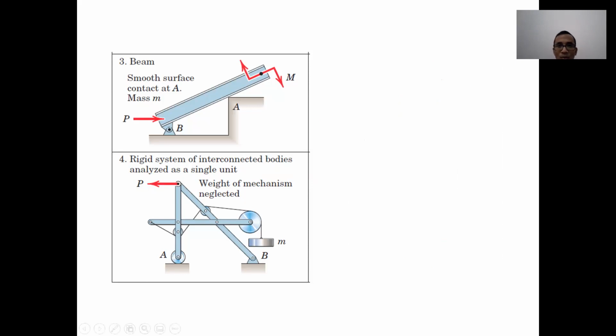Now, I also want you guys to practice the type of support. Amadea. Hello, Amadea. Yes, hello, sir. Okay, Amadea, I want you to help me draw the free body diagram of number 3.